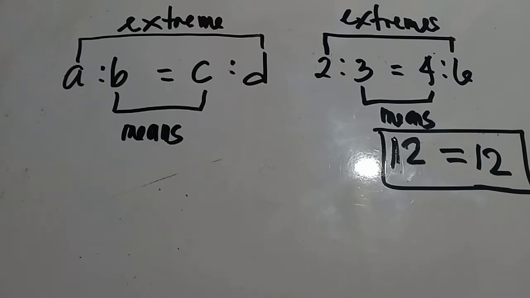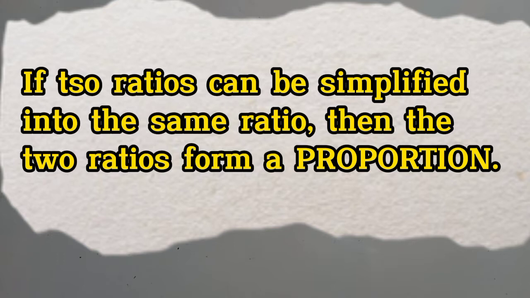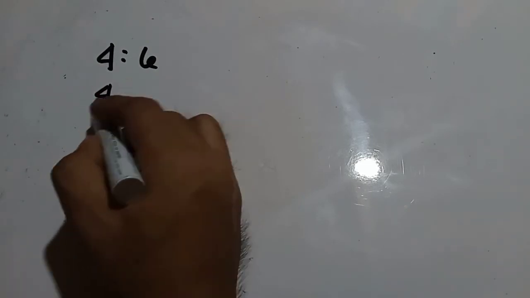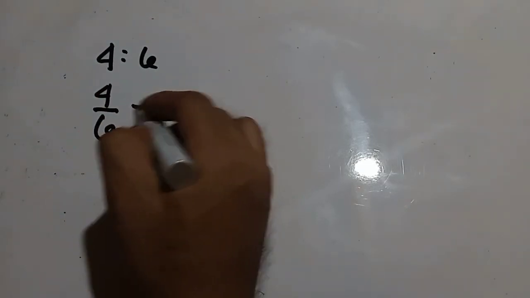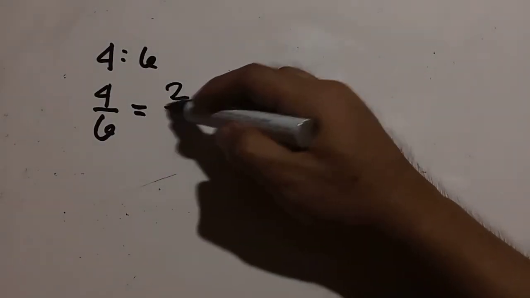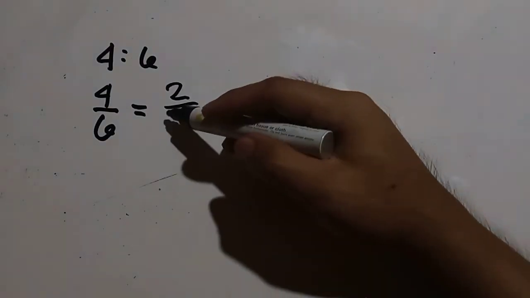So how about this one? If two ratios can be simplified into the same ratio, then the two ratios form a proportion. So like for example this one, 4 is to 6. Simplified into lowest terms, so ito ay magiging what? Magiging 4 over 6 equal, simplest form, so divide both sides by 2. 4 divided by 2, that is 2. 6 divided by 2, that is 3.